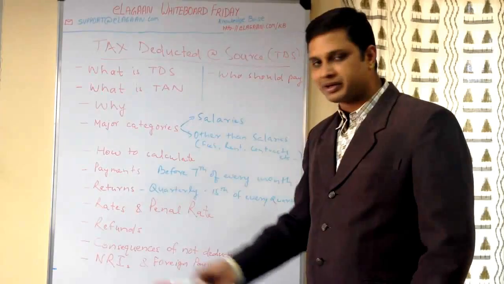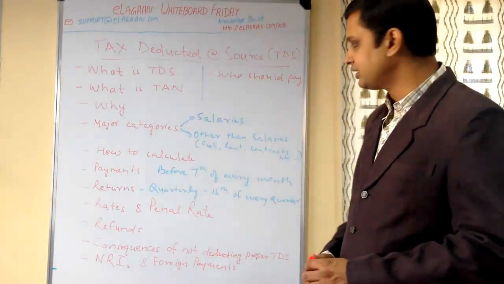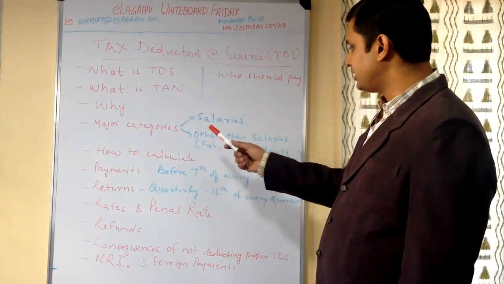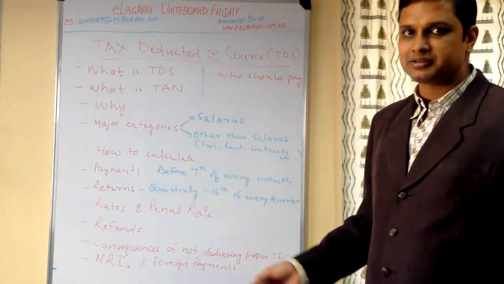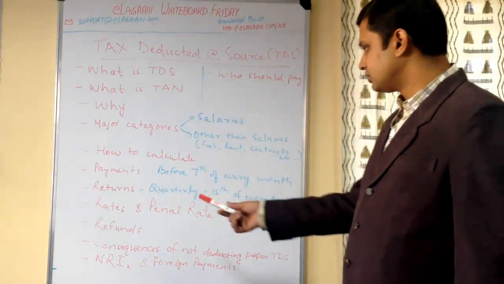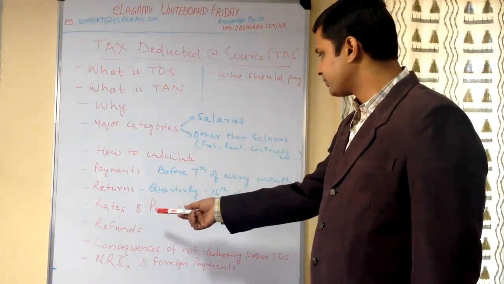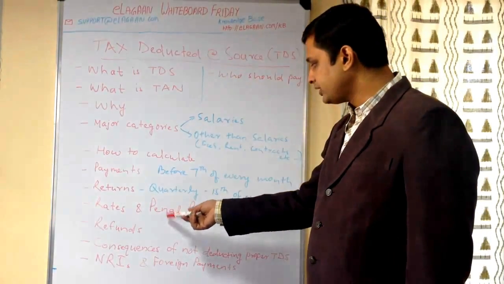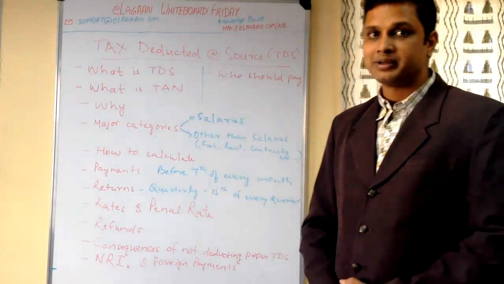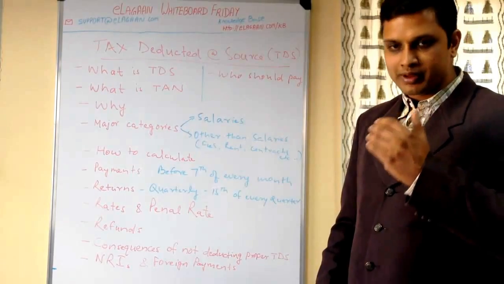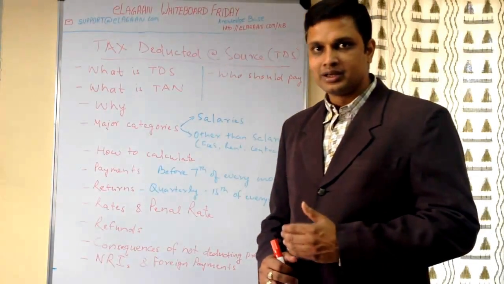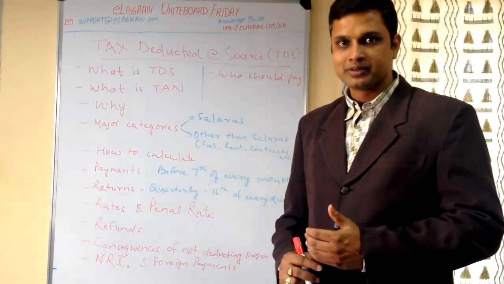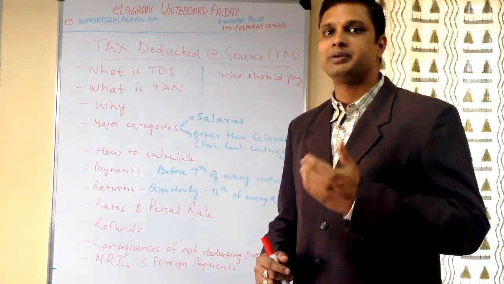So we'll talk about rates. Rates vary again depending on the nature of payment, whether it is fees, rent, contracts, or something else. What is penal rate? Recently the government has said that whomever you are making a payment to, if they don't have a PAN number, then you have to deduct TDS at a penal rate.